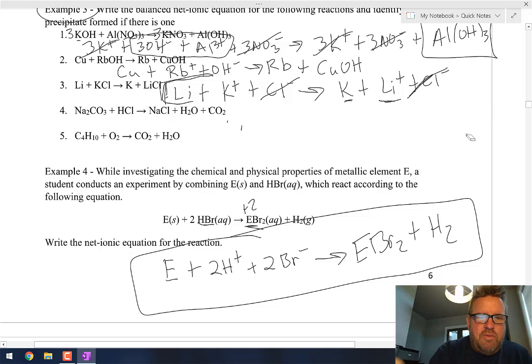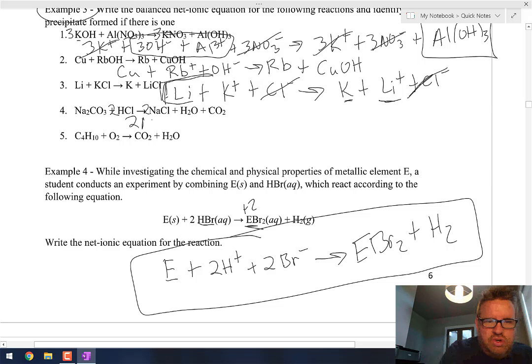Okay, number 4, sodium carbonate is definitely soluble. So you're going to get 2 Na pluses plus CO3 2 minus. Hydrochloric acid is one of your 7 strong acids. And again, I forgot to balance it. So we're going to back this up again. 2 NaCl's for the 2 sodiums, 2 HCl's, and I think now, yes, that is balanced.